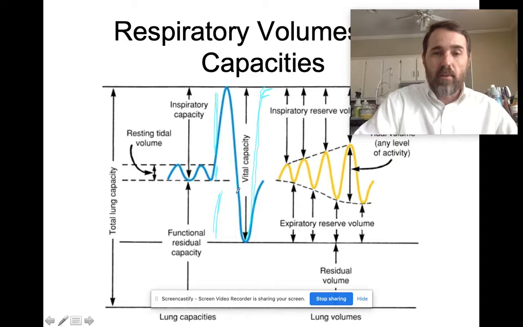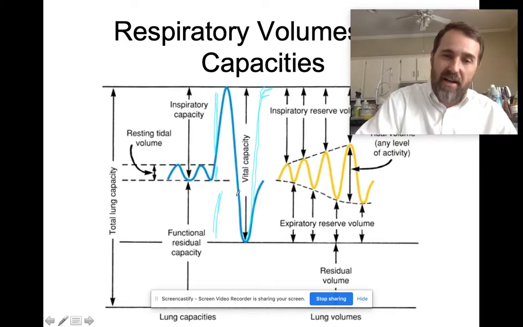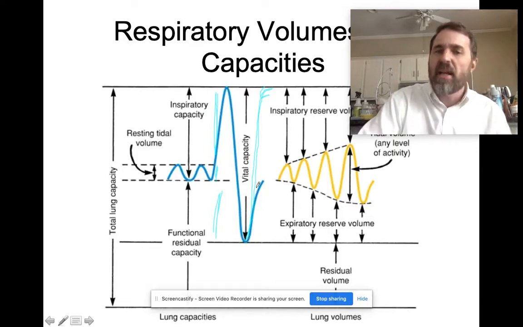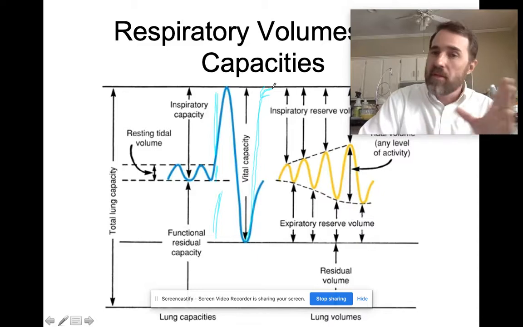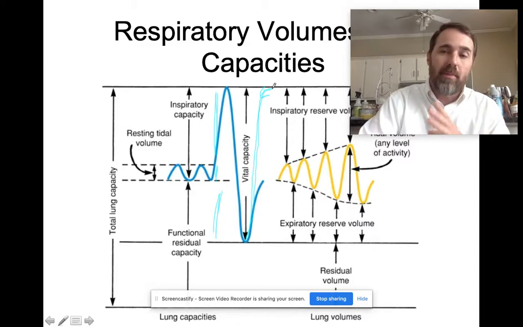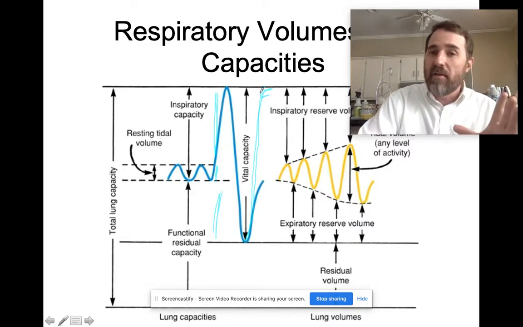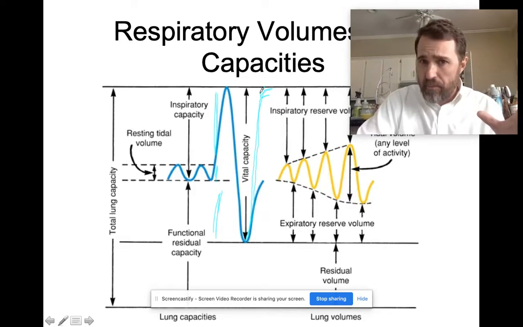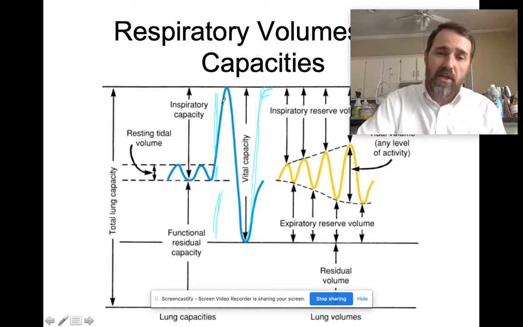That is the slope right here. That is this giant expiration. And here's the same volume being taken in on this giant inspiration. Doesn't matter how you measure it, that's the same amount of volume. So you can measure vital capacity on an expiration, or you can measure it on an inspiration.